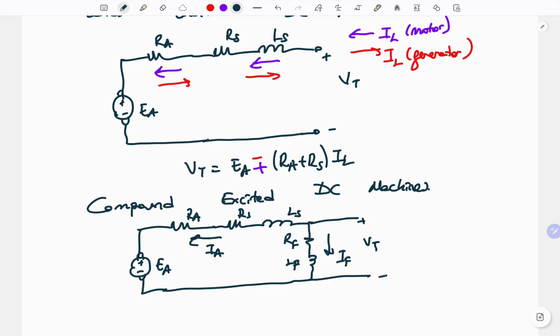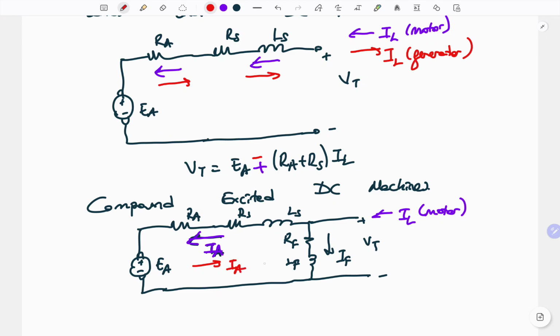For the motor operation, the current will show inside of the circuit, so it will be the same as this direction, but IF and the EA polarities will not change. For the generator operation, IA and IL will be reversed.